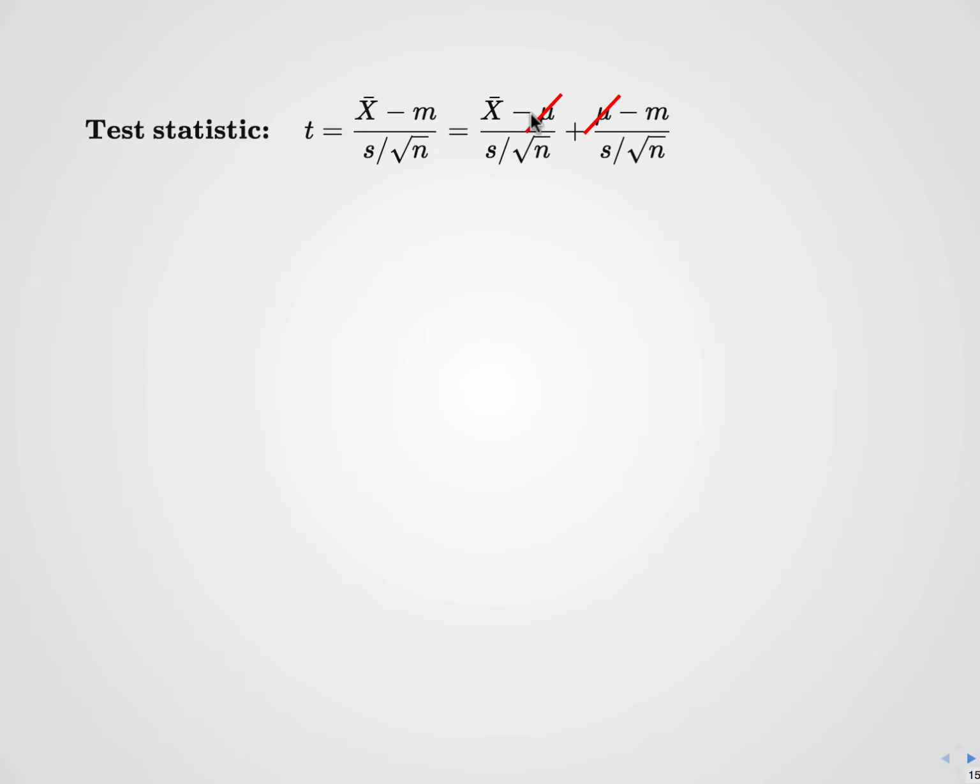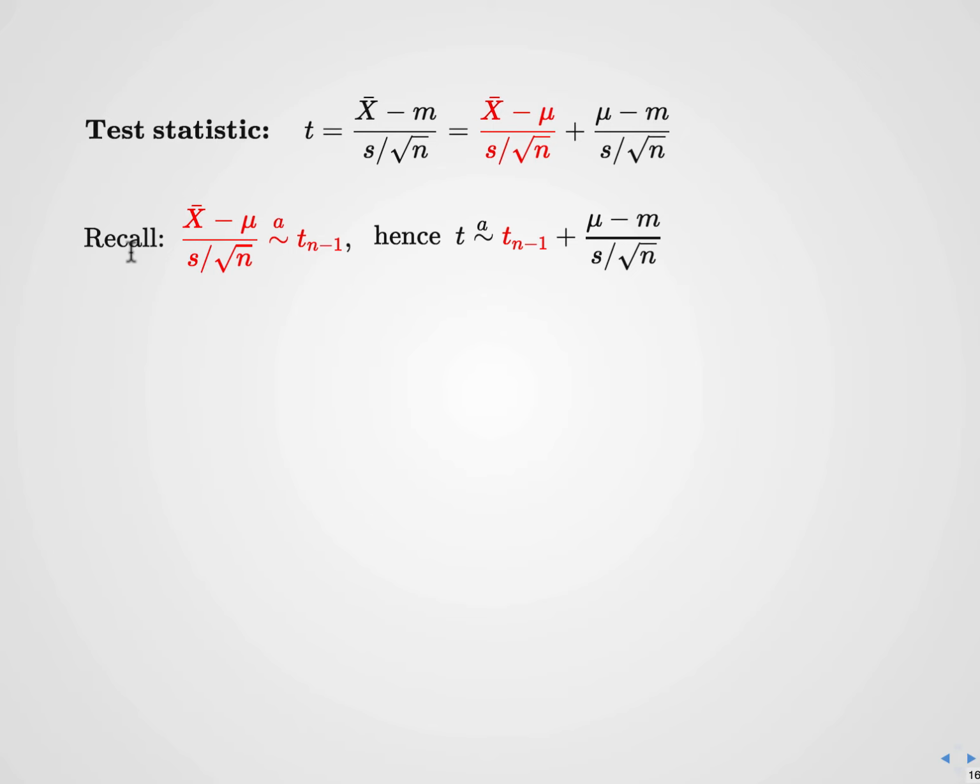We have a minus mu here, we have a plus mu there, so those cancel and we'd be left with just x bar minus m. So these two bits, when you combine them, do give us the t-statistic. We haven't changed anything, but we've broken up the statistic into two parts, which have quite different interpretations as to what roles they play in the hypothesis test.